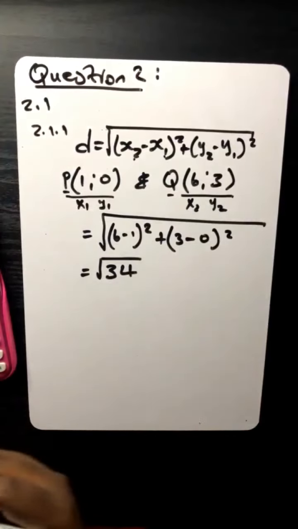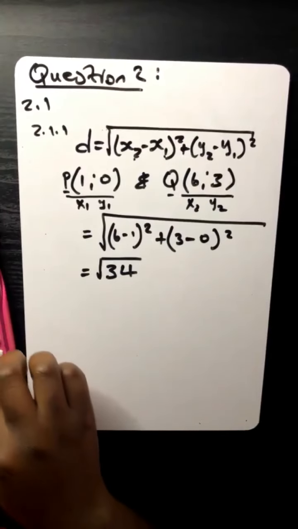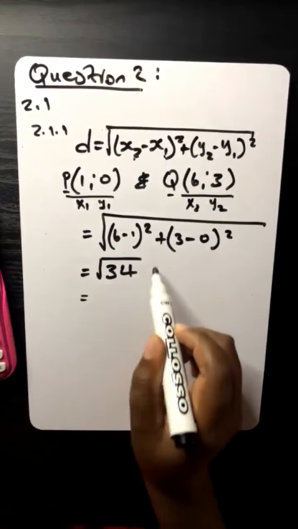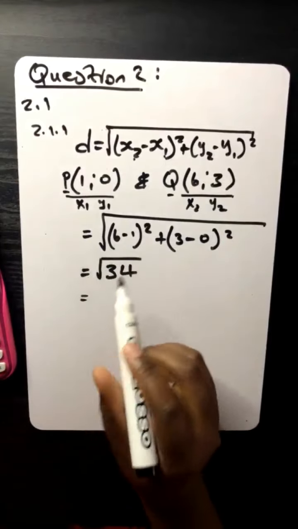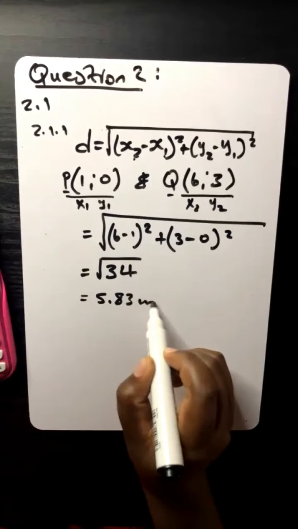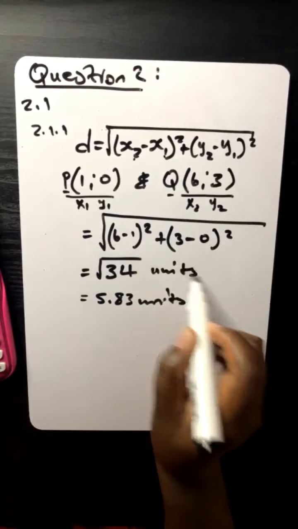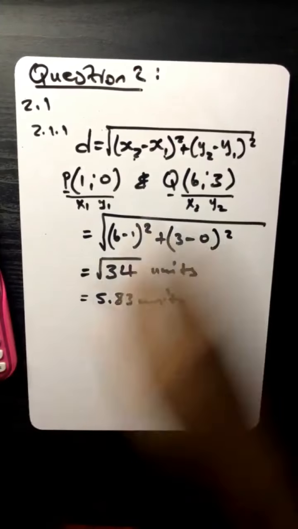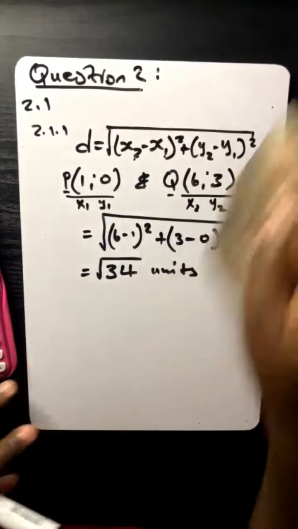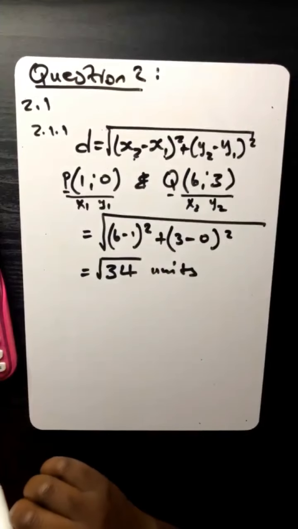But because they said leave your answer in the form of a SAT, you are going to leave it as square root of 34. Otherwise, if they wanted it in decimal, you would just convert that to decimal, and I think it gives you something like 5.83 units. So that means you've got square root of 34 units. But in this case, the question said in SAT form, so you just leave it as it is. And that's how you score yourself 2 marks.